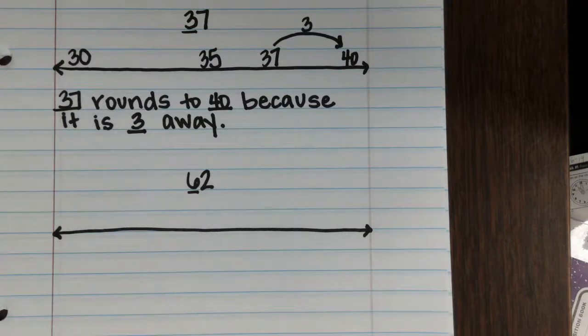Now we're going to say the number 62. We're going to say the tens part a little louder, and we're going to say the ones part a little quieter, and that's going to help us think about our benchmark that comes before the number 62. All right, you ready? Here we go. 60.